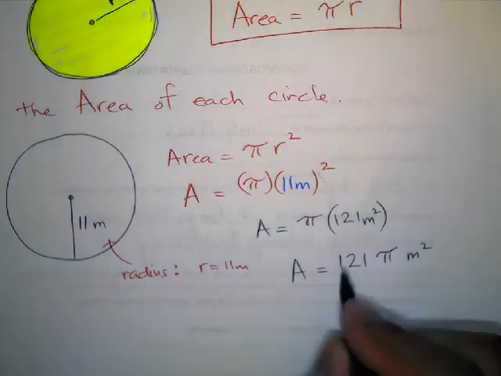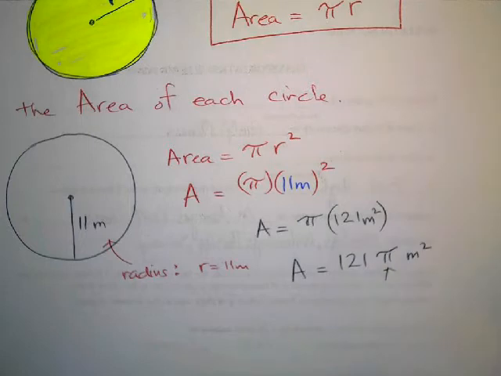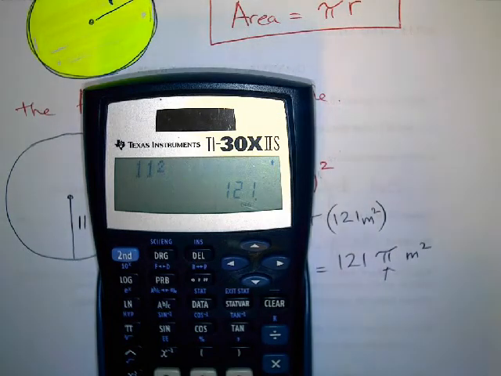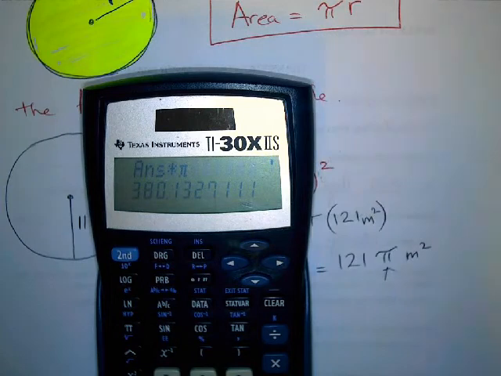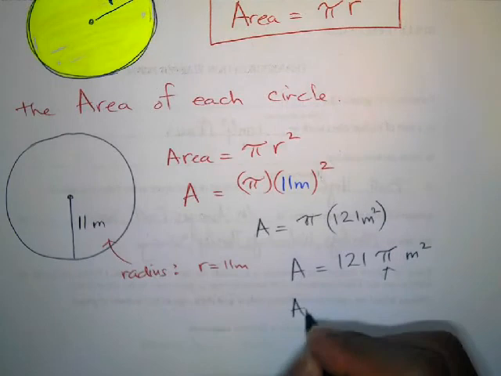Yeah. So that'll be on the calculator, right? 121 times pi equals 380.13. We'll make it look like money.